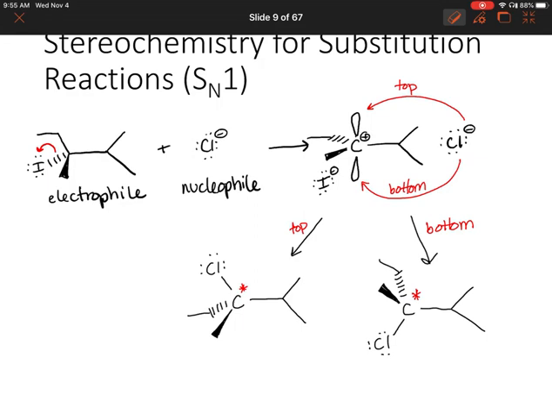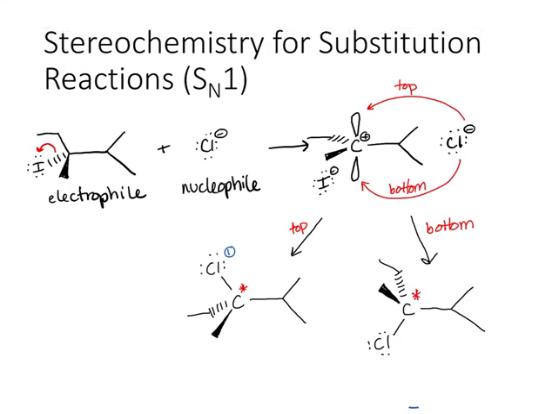All right, so looking at this, if we prioritize our groups, chlorine would have priority 1, and then we have 3 different carbons we have to consider. We have this carbon in the ethyl group, the carbon on the end of the methyl group there, and then this carbon over here on the right. So which one would have greater priority?